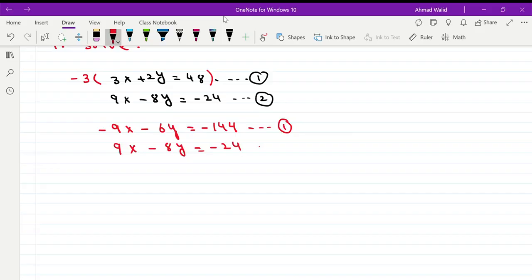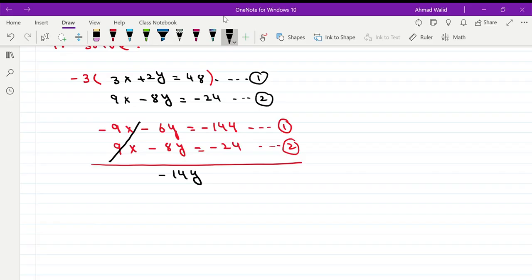Now what you do, add these two equations. Correct? Negative 9x, positive 9x cancels out. Negative 6, negative 8 gives you negative 14y, equals negative 144 plus negative 24, which is negative 168.